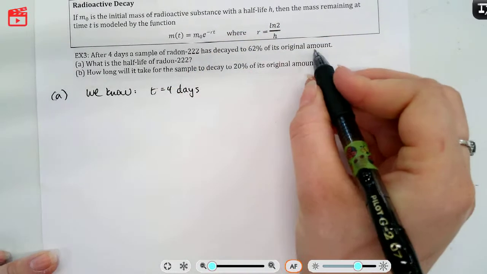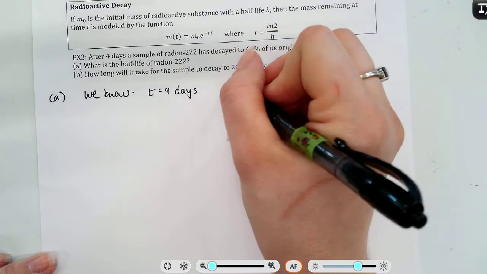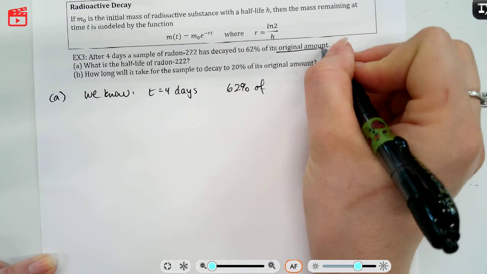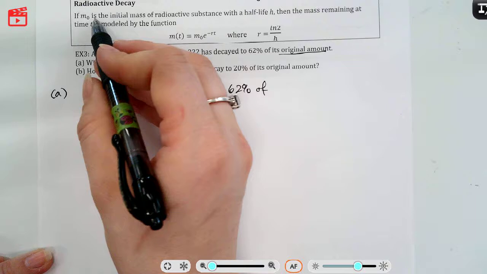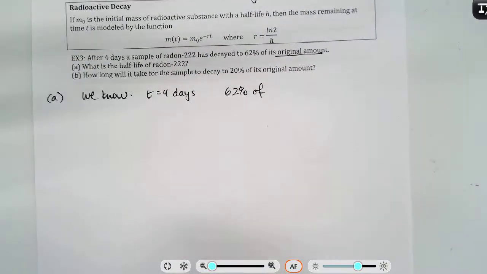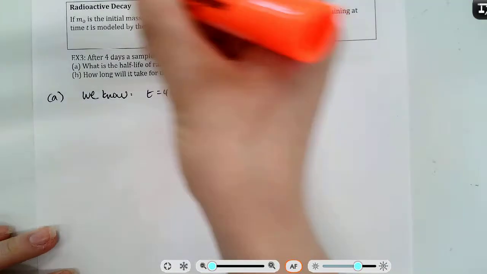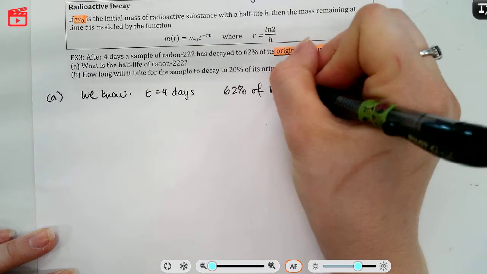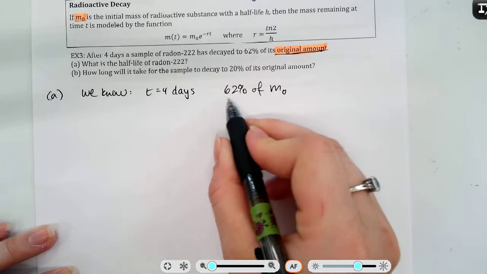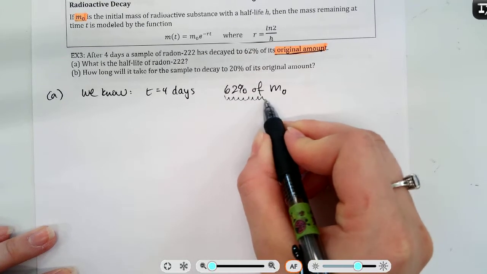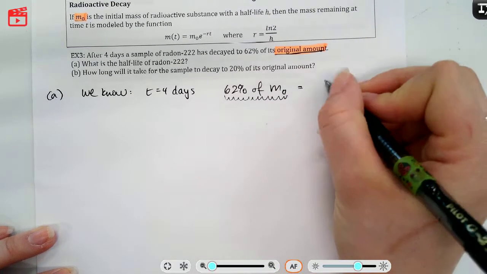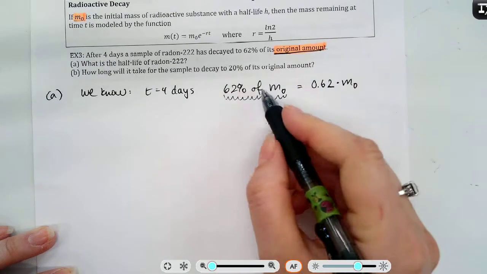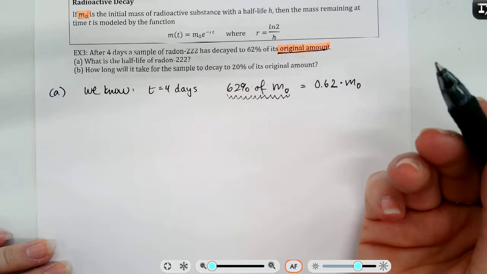And we know that our radon has 62% of the original amount, and the original amount is m sub 0. I don't actually know the original amount, but I do know that it's 62% of it. If I rewrite this phrase in mathematical language, that would be 0.62 times m sub 0, because remember, of is the word for multiplication in math.